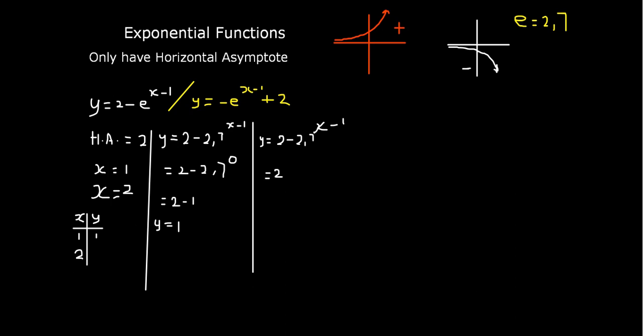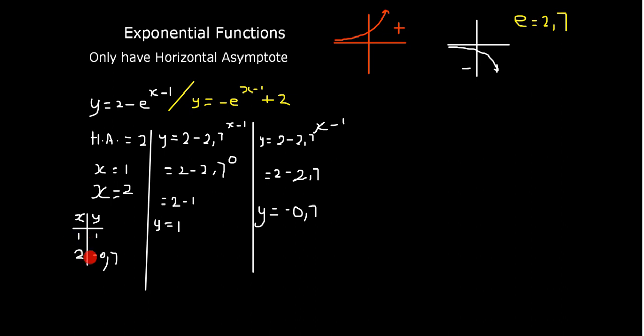When you put 2 here, it's 2 minus 1, which is 1. So it will be 2 minus 2.7 here, negative 0.7. So here it's negative 0.7.